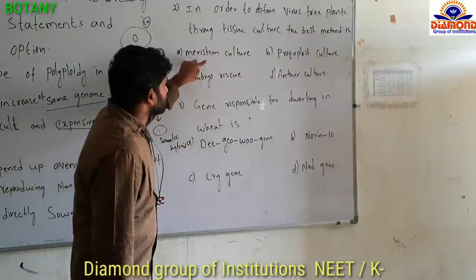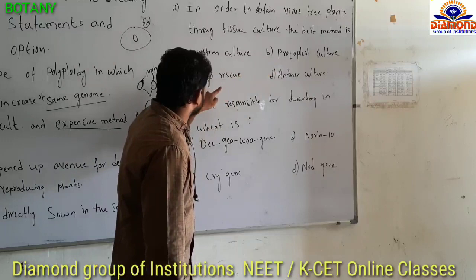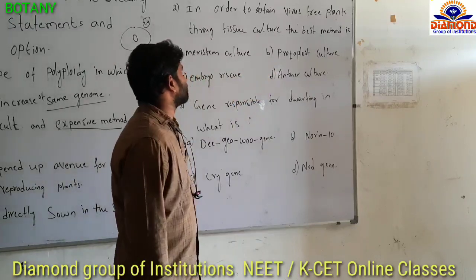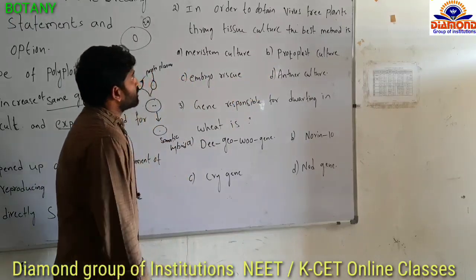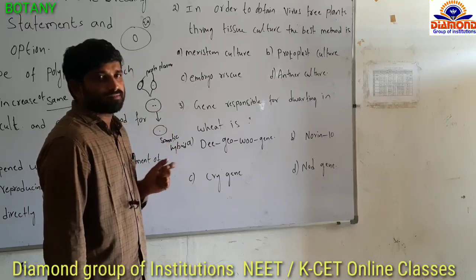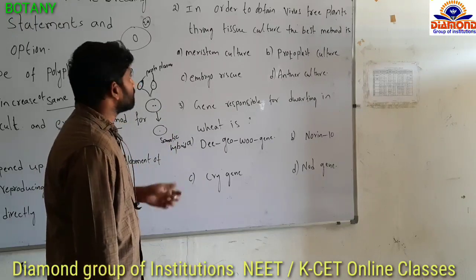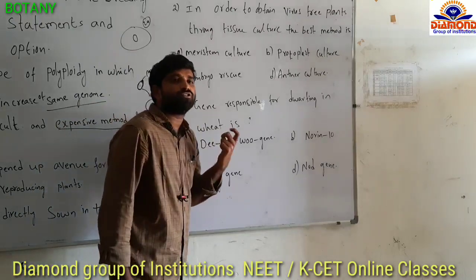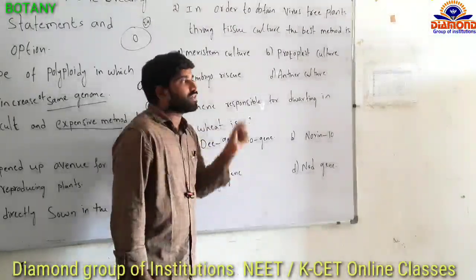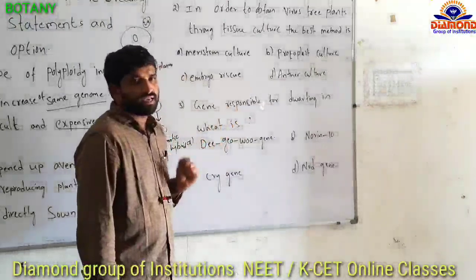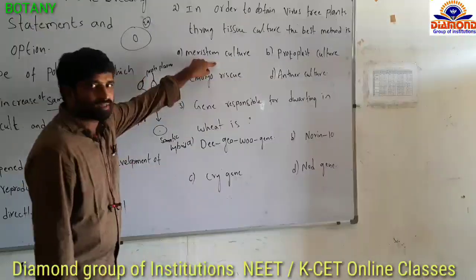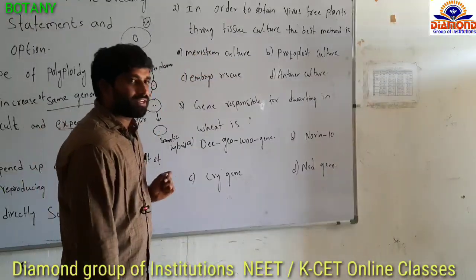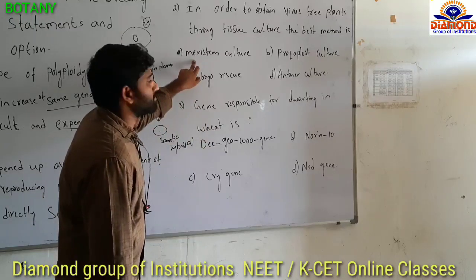The options are meristem culture, protoplast culture, embryo culture and anther culture. Virus-free plants means that if a plant is infected with a virus, the new plantlets created from it should be virus-free. So the explant material should be from meristem culture.